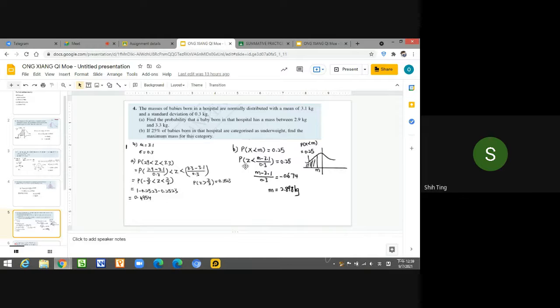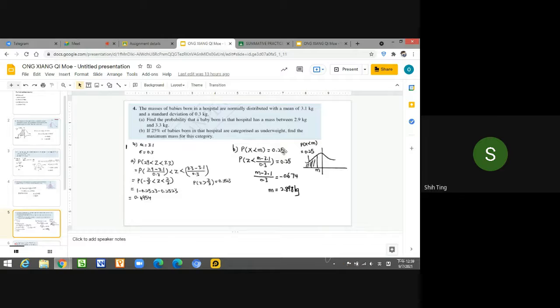For the question, we can get that 0.25 of babies are underweight, and we need to find the maximum mass for the category. So we get the probability of S less than M is equal to 0.25.